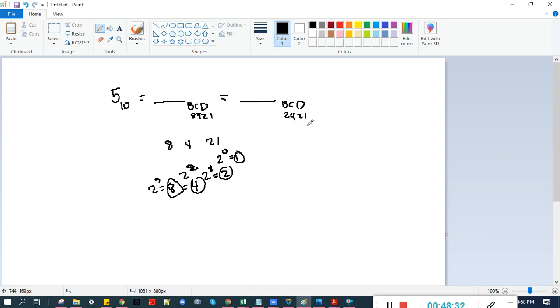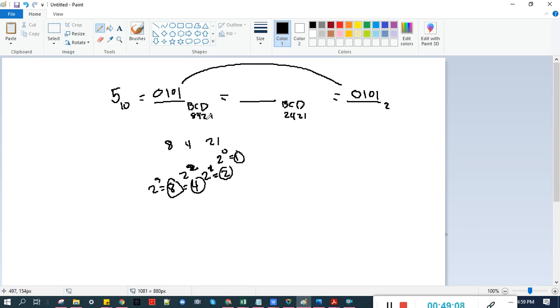So we will multiply each binary equivalent with 2, 4, 2, 1. For example, let's also write down the binary equivalent. This is 101, which is the same if we only have one digit, the same as BCD 8421.